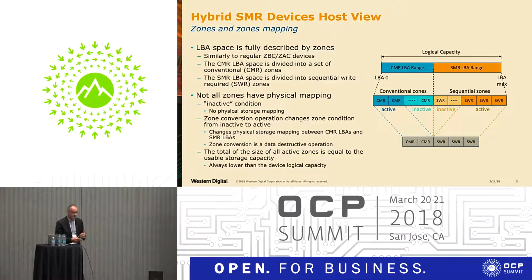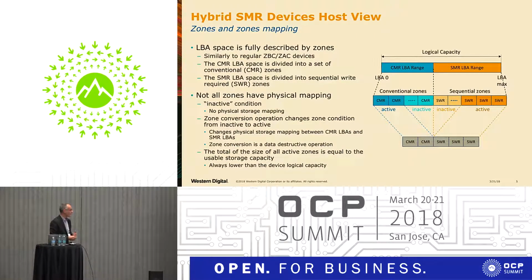In this example, the beginning of the CMR LBA space has some active zones, followed by some inactive zones. And those inactive zones do not use any physical storage on the device. That physical storage can be used on the SMR LBA space. Here, the last zones of that space are active and using that physical space.